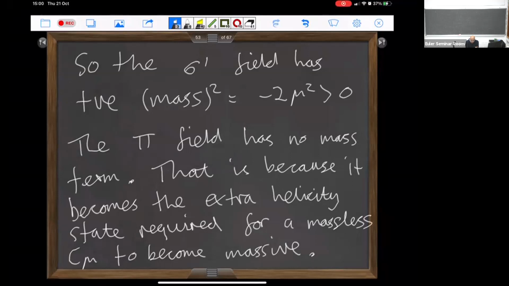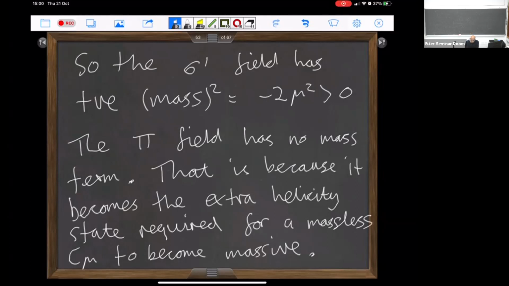A massive gauge field, as opposed to a massless one, has 3 helicity states, and the massless gauge field that we started with has only 2. So Lorentz invariance actually requires that if the theory describes a massive spin 1 particle, the extra helicity state has to come from somewhere, and it comes from pi.